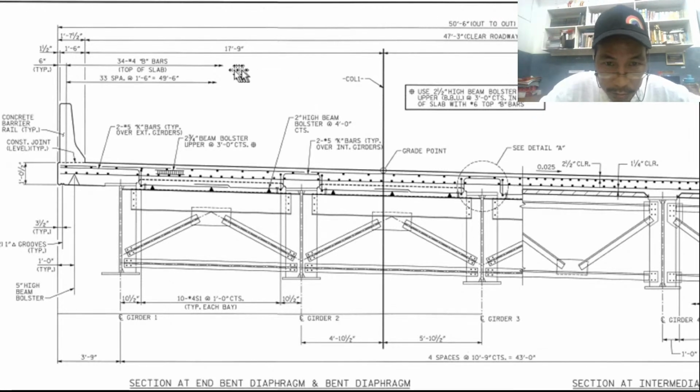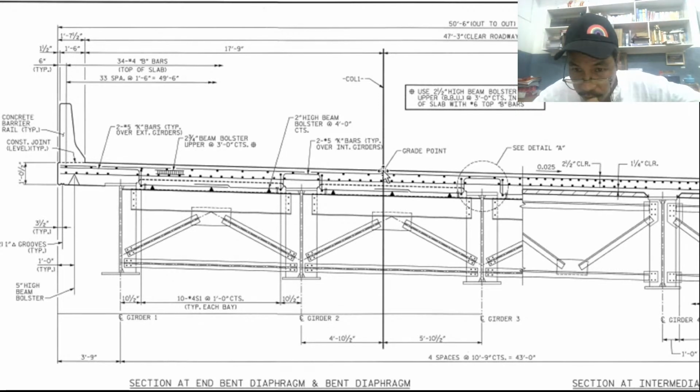Okay. So next, from this point to this point, we have 17 feet and 9 inches. So to this point, this is the grade point. Okay, grade point, that is the reference point of the wearing surface.